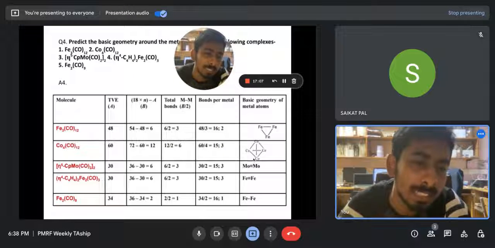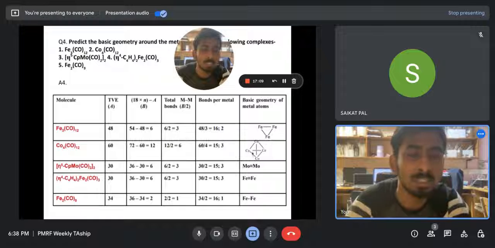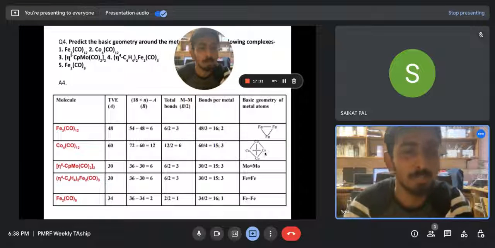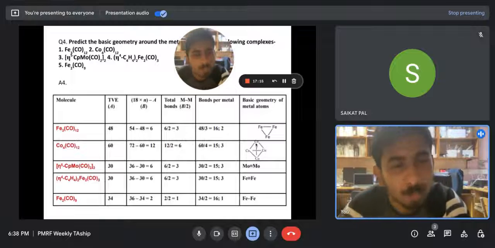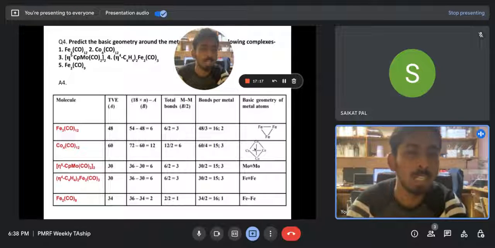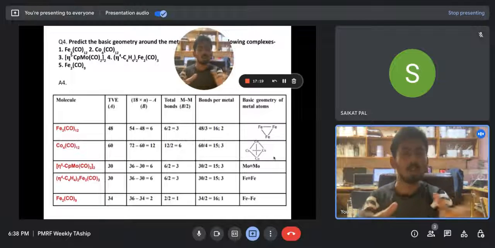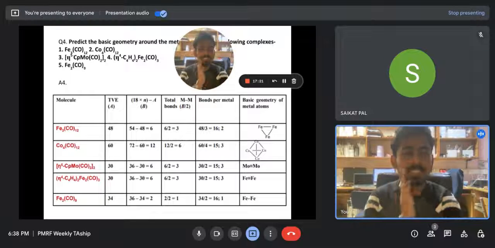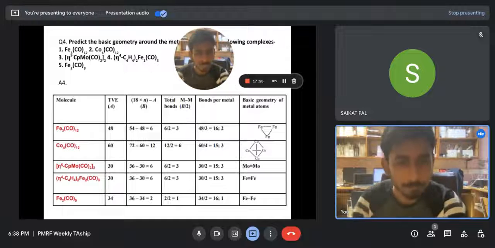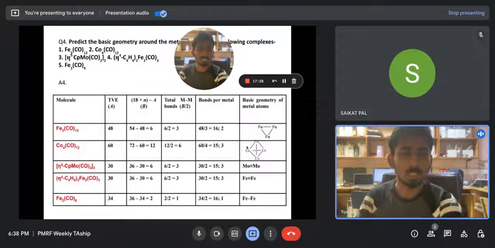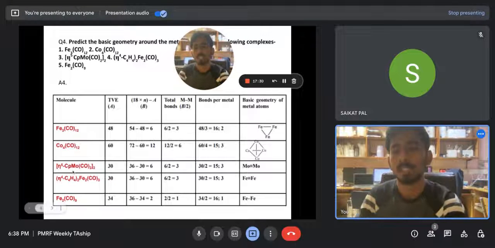So all the conditions have been satisfied by the structure. The total number of bonds is 6 and the bonds per metal is 3. So the structure of the core is this one.